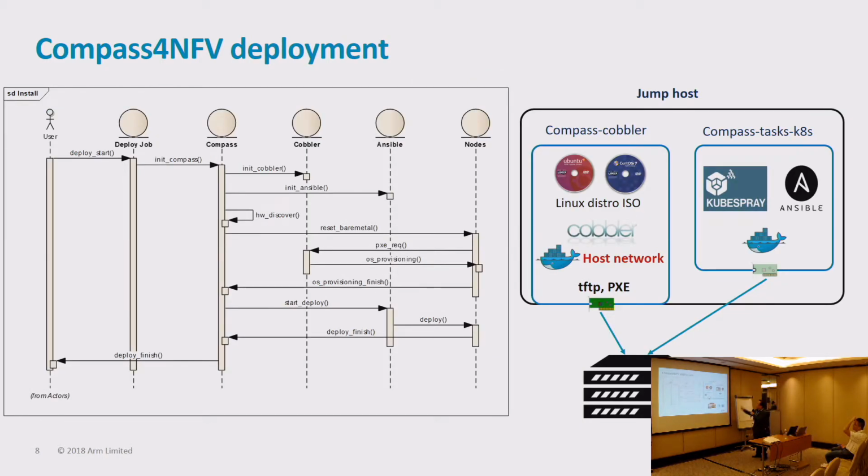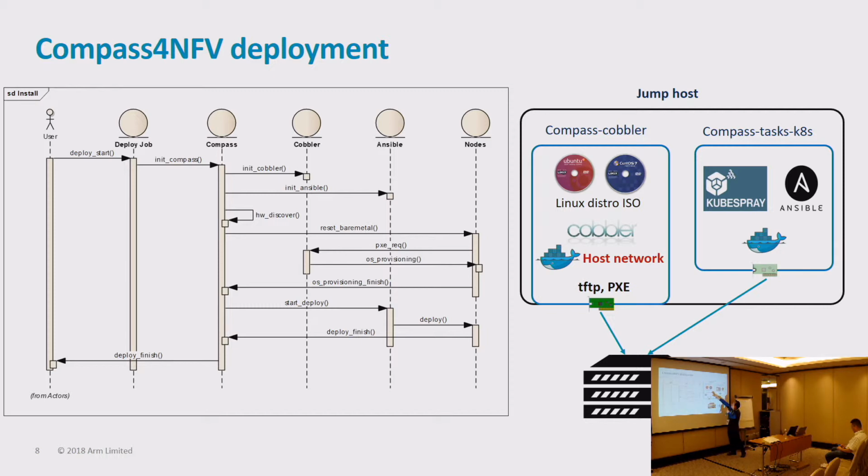This is the deployment procedure. You can ignore the left side. As in the last slide, Compass cobbler and Compass tasks are the two major components. Cobbler is an upstream Linux installer, and Compass cobbler uses it as the core component.